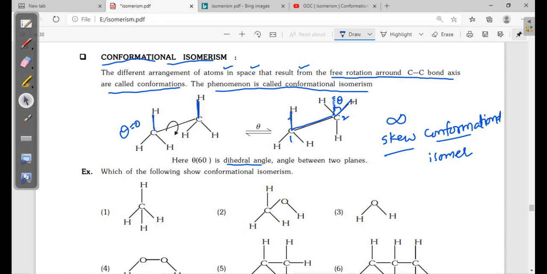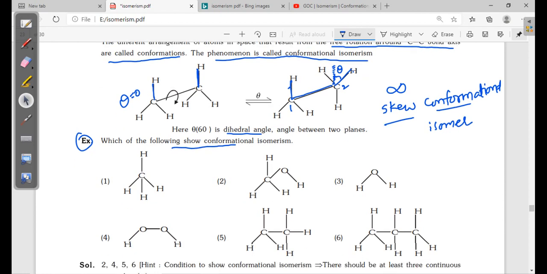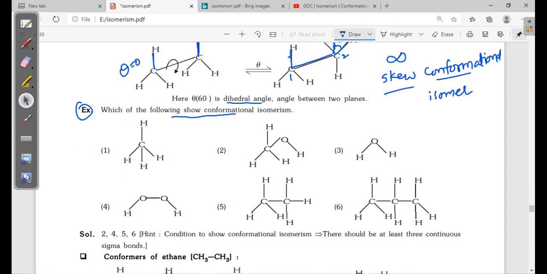Next, which of the following show conformational isomerism? For conformational isomerism, a minimum of 3 continuous sigma bonds is required. So 2 carbons generally. Here this cannot form conformational isomerism.